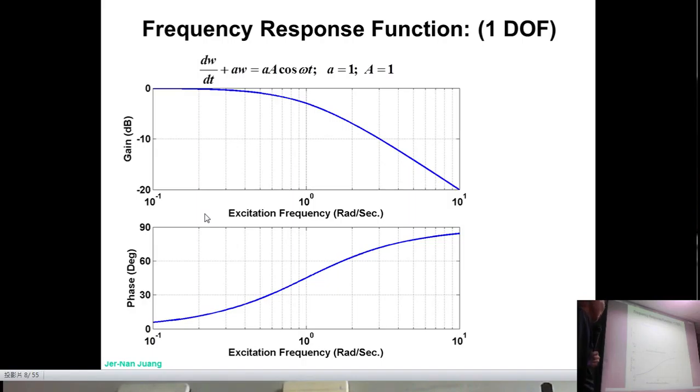This one shows you what happens when your excitation frequency is changing. If your frequency changes from a very small 0.1 to 10, your gain will get smaller. In other words, if your frequency is higher, your response will be lower.